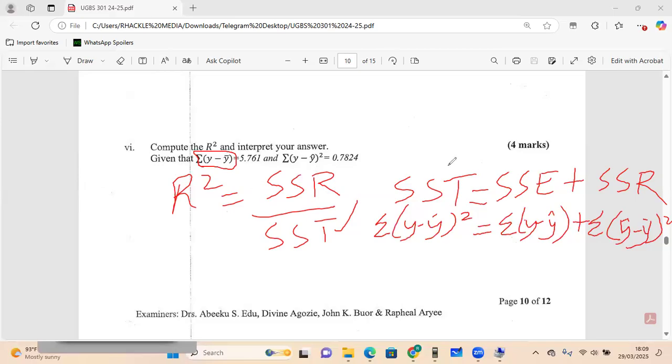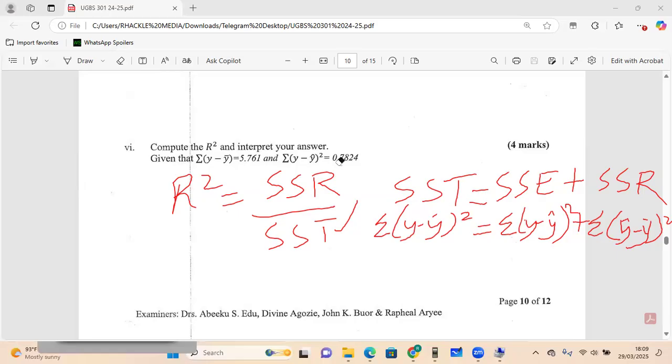Right. So now you see this. Here too is supposed to be squared. You are supposed to square it now.